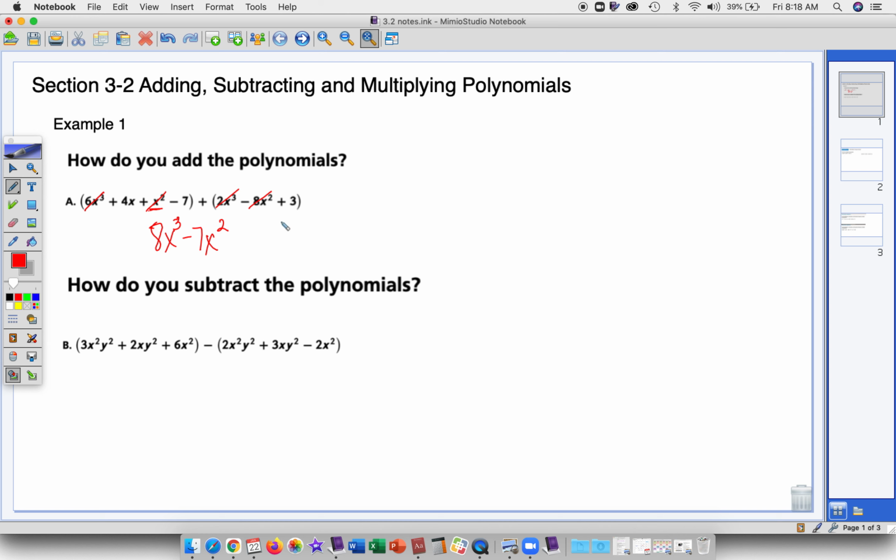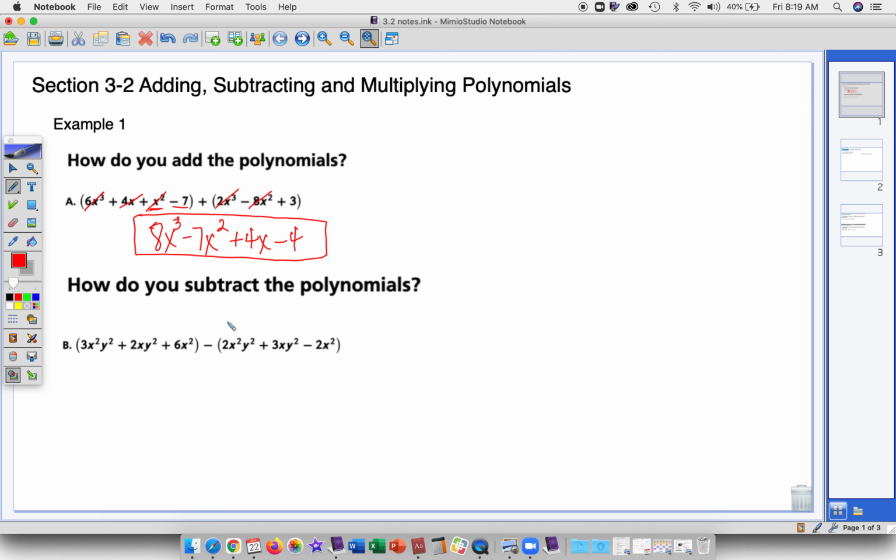I have a 4x here, and I don't have that term here. So that just stays a 4x. And then lastly, I have my constants. So I have negative 7 plus 3, which gives me negative 4. So there is the addition of the two polynomials.